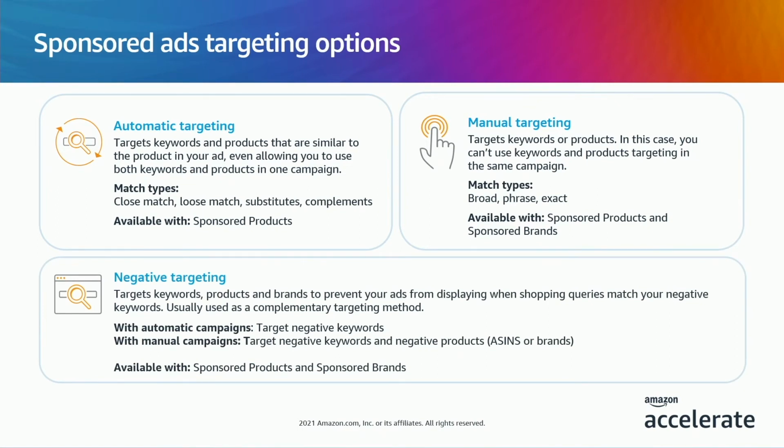This targeting helps you exclude keywords, products, or brands that you don't want your ads to display for in order to optimize your campaign's performance and spend. This can help you be more strategic to ensure that you're only bidding on opportunities that are highly relevant to your promoted brand. As a note, depending on if you're using automatic or manual campaigns, you'll be able to target negative keywords, products, or both.